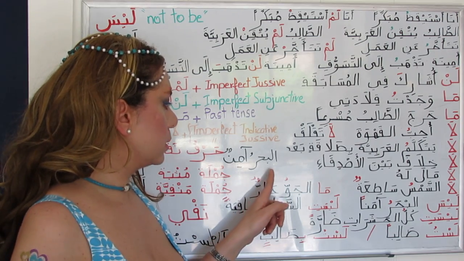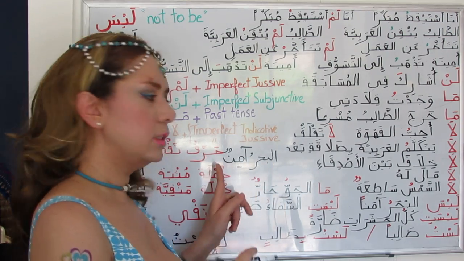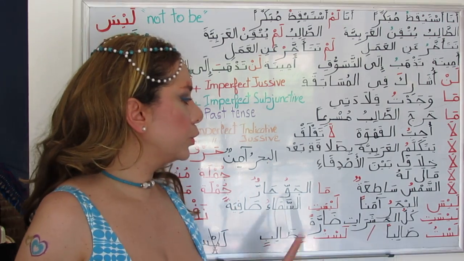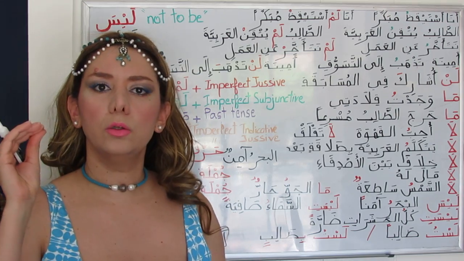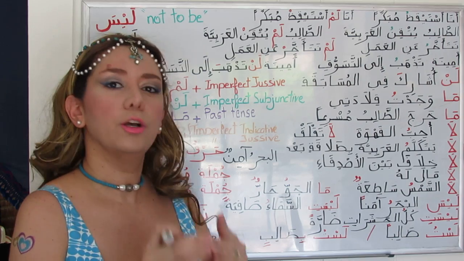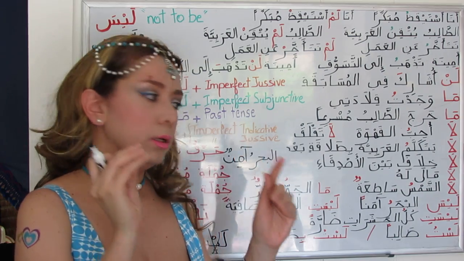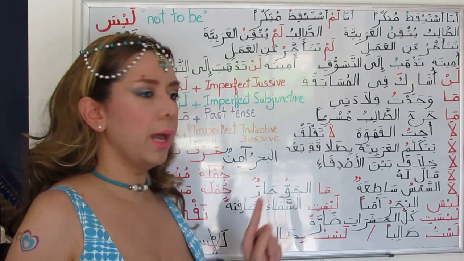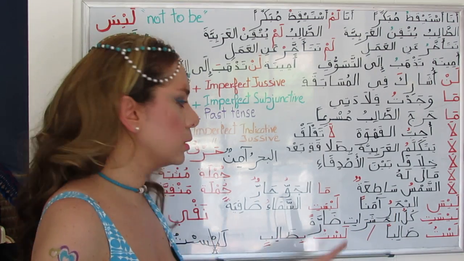Subject, predicate, nominative case, nominative case. The sea is safe. When you introduce laysa, the predicate will not be in the nominative case anymore. The case will change to accusative. So laysa al-bahru aminan. The sea is not safe.